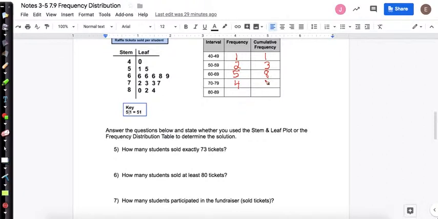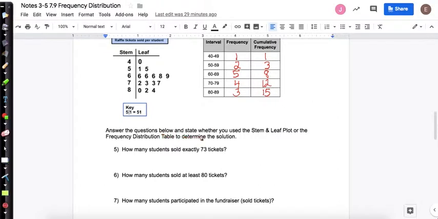And now cumulative altogether, I had 8. 4 more is 12. And now 80 to 89, 1, 2, 3. So my cumulative frequency, 12 and 3 is 15. And the cumulative frequency should tell you how many numbers are in the stem and leaf plot. So yes, there are 15 if I count all of these up.